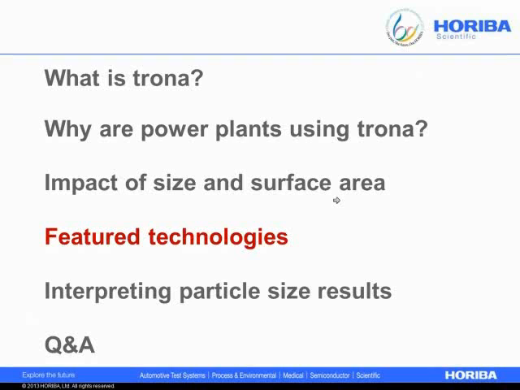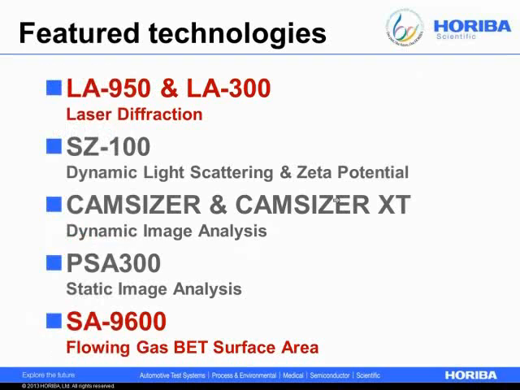So I'll talk briefly about the technologies themselves. What we see on this slide are all the different technologies that HORIBA has, from laser diffraction for particle size to dynamic light scattering for size of much smaller materials, image analysis offerings for micronized and larger, and then the SA9600, which is our flowing gas surface area product.